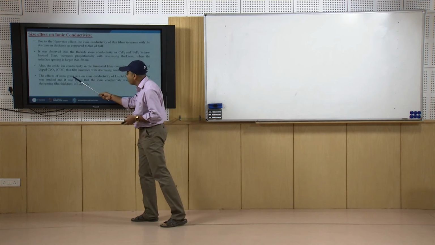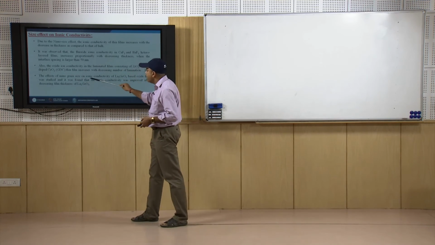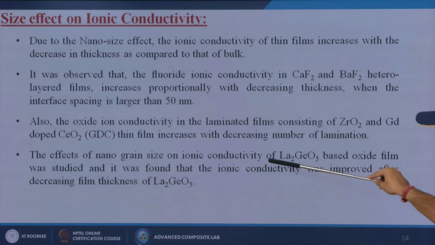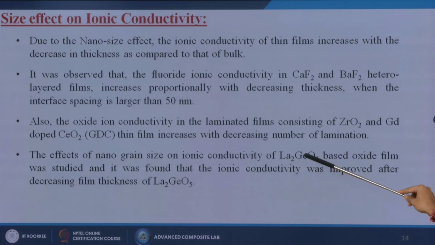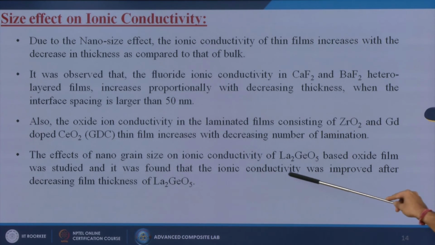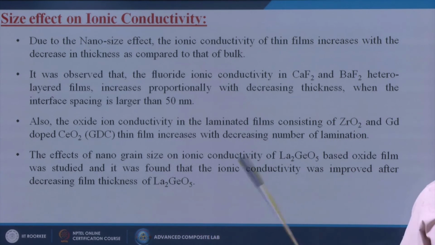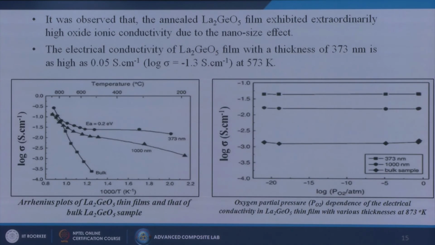The effect of nano grain size on ionic conductivity is the main vital point here. The ionic conductivity of lanthanum gallium oxide film was studied, and it was found that the ionic conductivity improved after decreasing the film thickness of lanthanum germanium oxide.